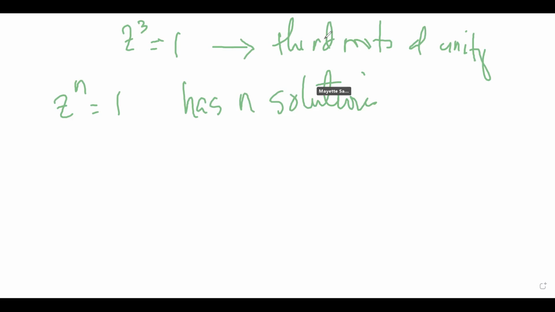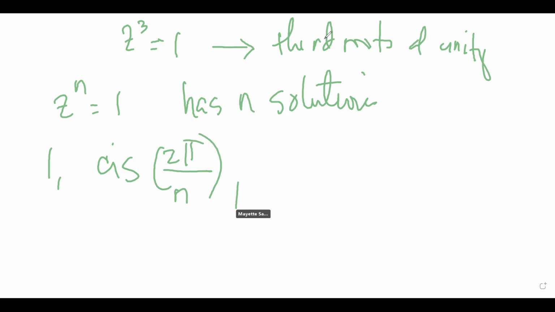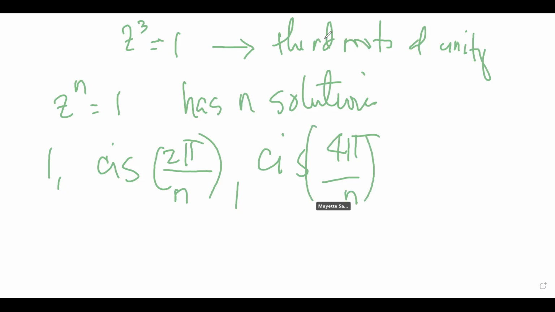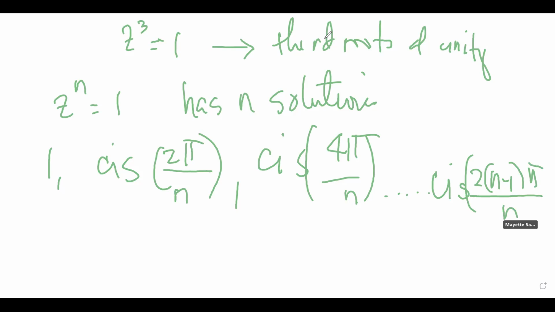And it will have 1, cis 2 pi over n, cis 4 pi over n, and then if we expand it further, cis 2(n minus 1) pi over n. Okay, so this is what you will expect if you are to solve for the roots of unity.